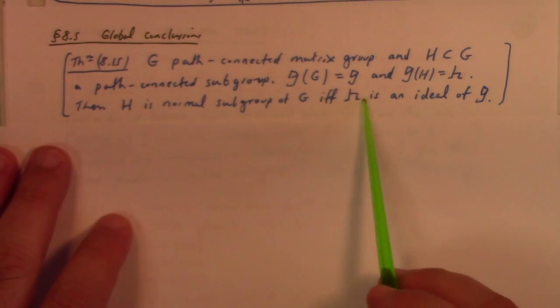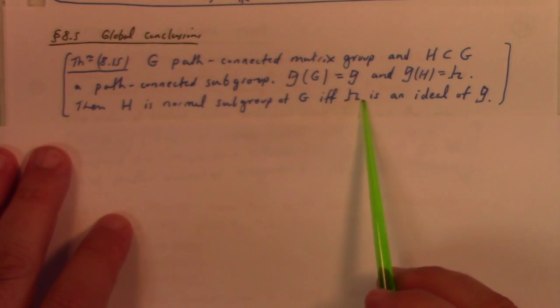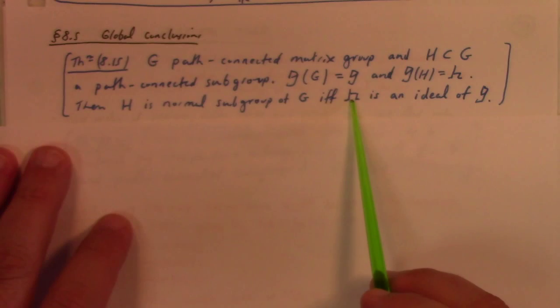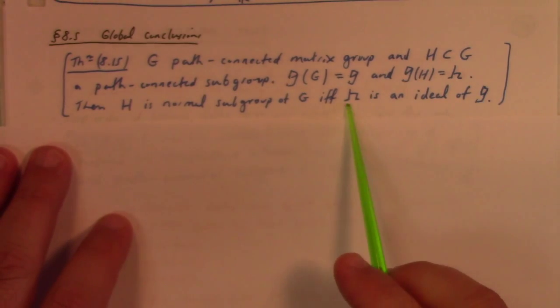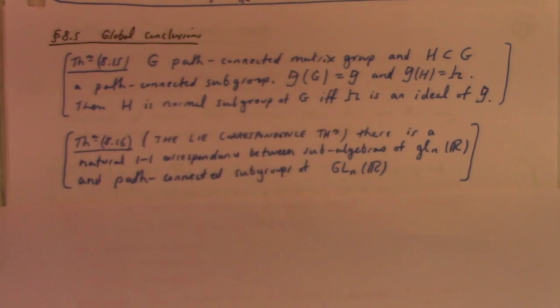Here the ideal means that it's, of course, closed under itself because it's a Lie algebra, but also, if you take the bracket of something in 𝔥 with something in 𝔤, you're back in 𝔥 again. One of my fellow professors calls it uber closure. Anyway, the Lie correspondence.